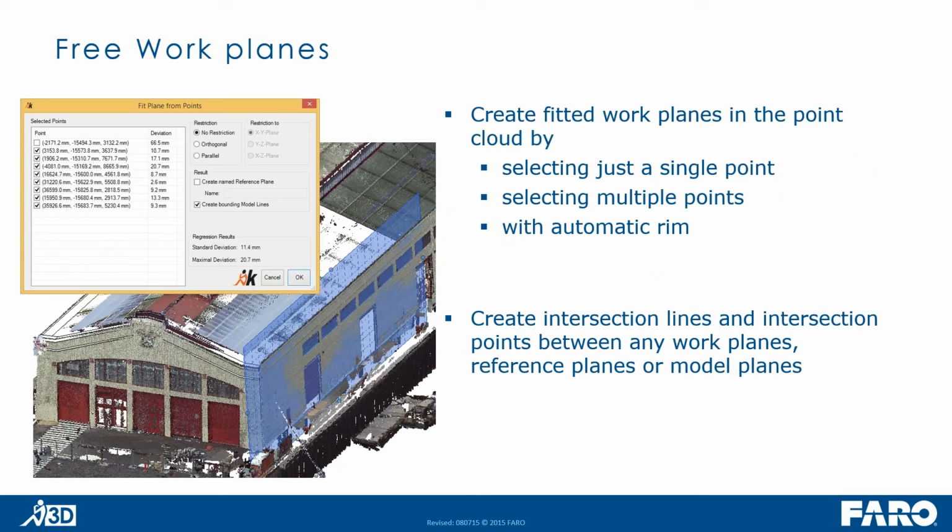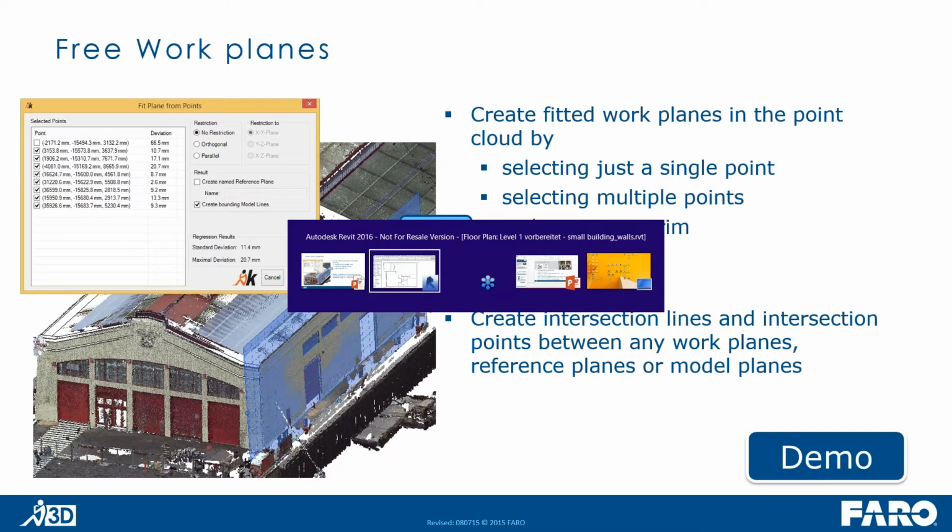And we can also fit work planes with different tools. So by selecting just a single point or multiple points, or what is new with the version 60.5, we can also fit the work plane with the automatic rim. And this is something I want to show you in the software itself.